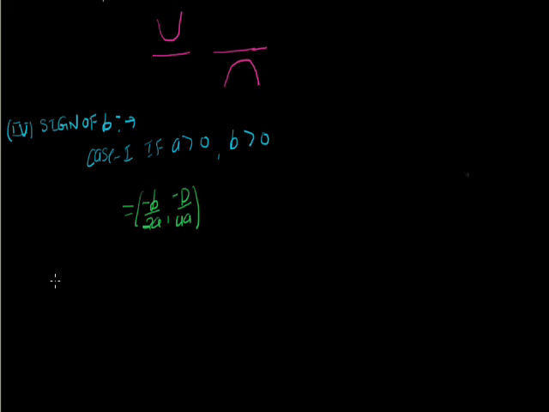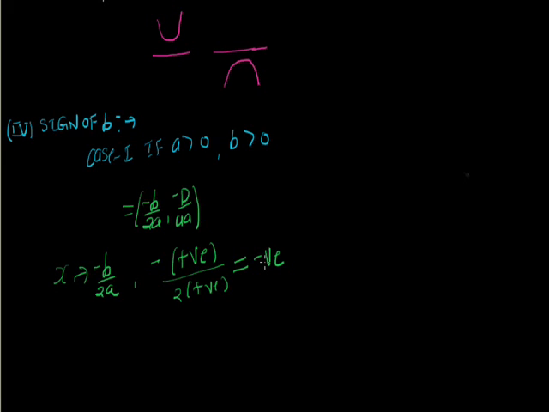Now how does the x coordinate depend on this? The x coordinate is minus b upon 2a. Here, if a is positive and b is positive, then in the numerator we have a negative sign, and 2 into any positive quantity, so overall the quantity comes out to be negative.